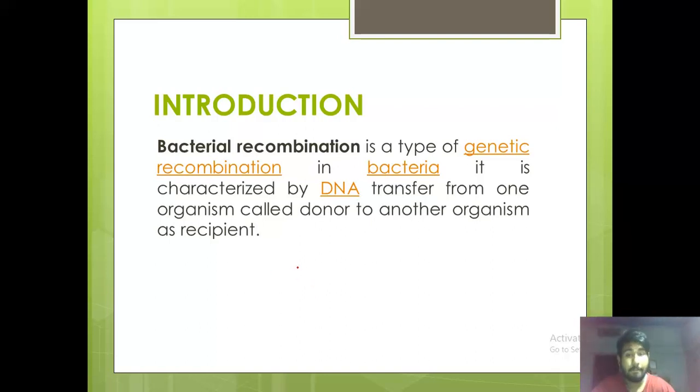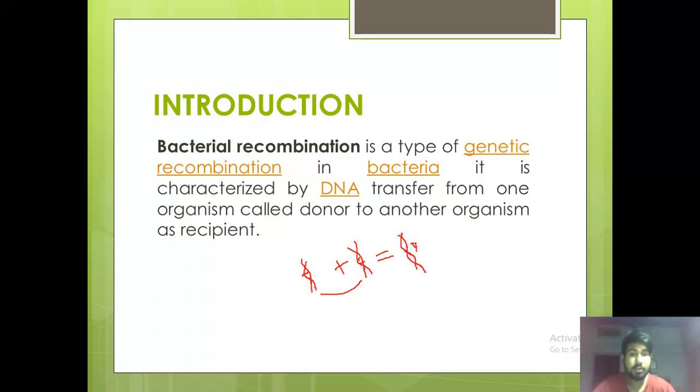Let's take this. This is the DNA of one organism, and this is the DNA of another organism. Recombination means these both are combined to form a new arrangement of DNA.